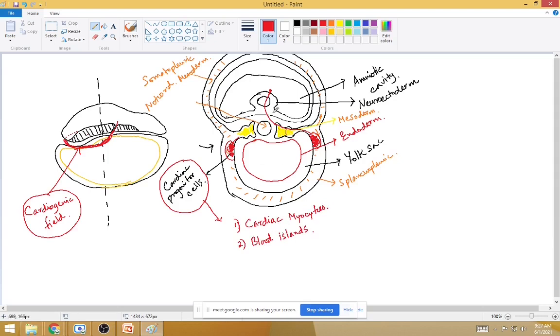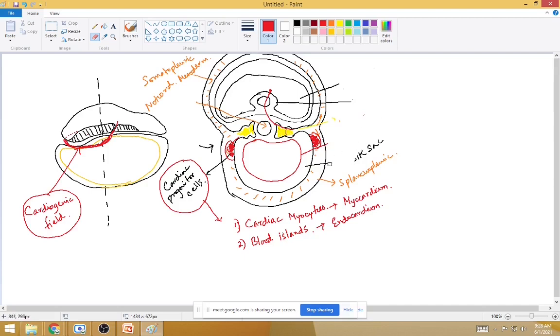In the middle of the third week, the cardiac myocytes will form the myocardium, the muscular part. The blood islands will form the endocardium. Whatever is happening will be happening in the splanchnopleuric mesoderm. So let us see how it happens.